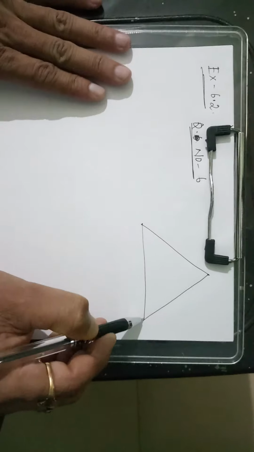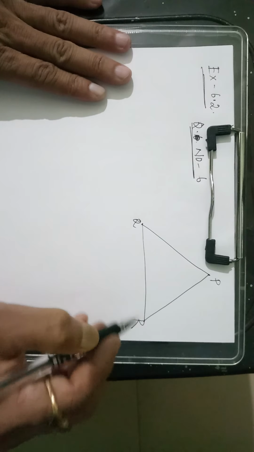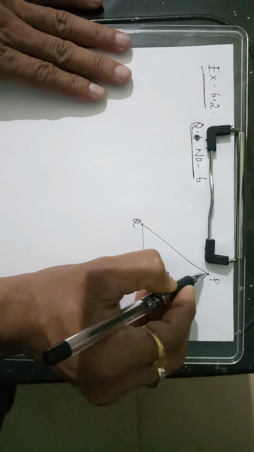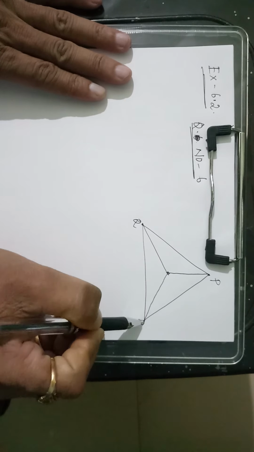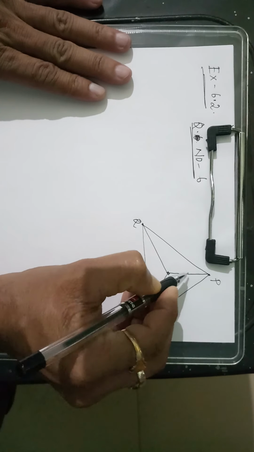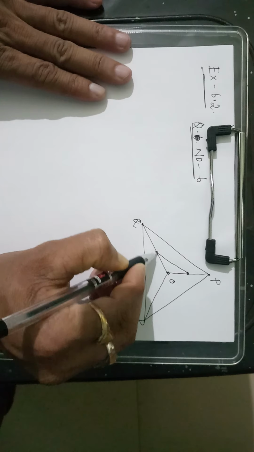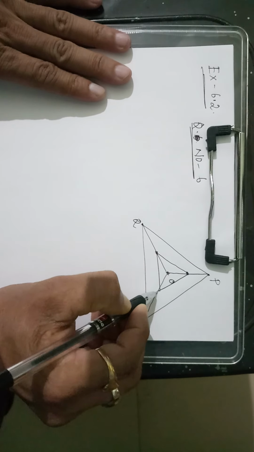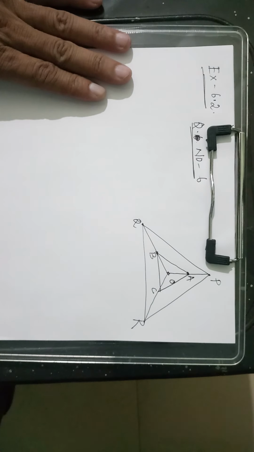Here is the diagram you see. Triangle PQR. O is the point here. Now, triangle ABC is also given.